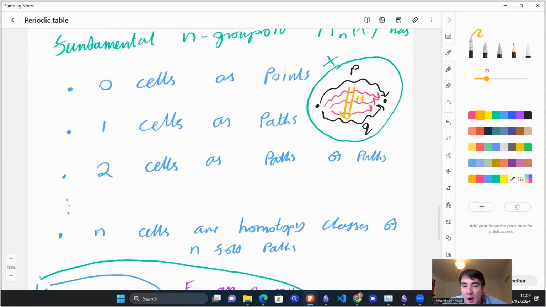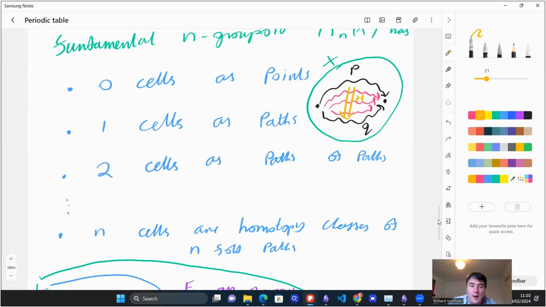A homotopy from P to Q, which should be endpoint preserving, basically corresponds to a continuous family of paths from P to Q. It's a way that we can continuously deform P into Q and generate this family of paths. I'm not being especially rigorous here, but you can look up the details.